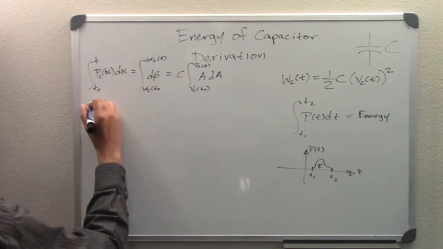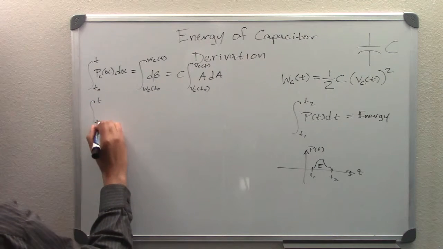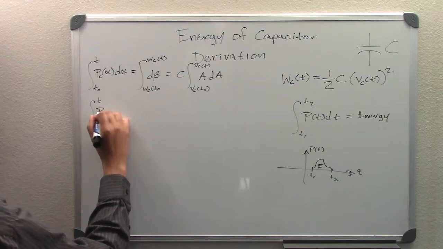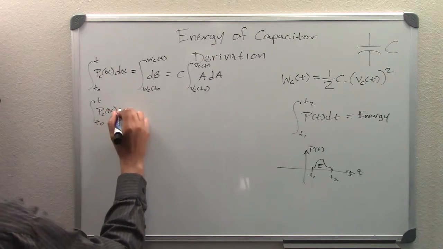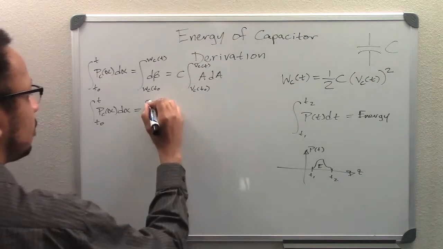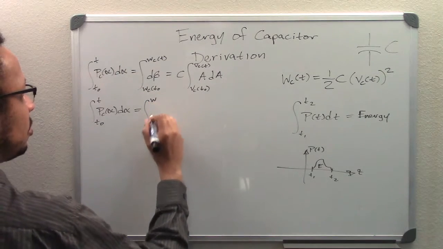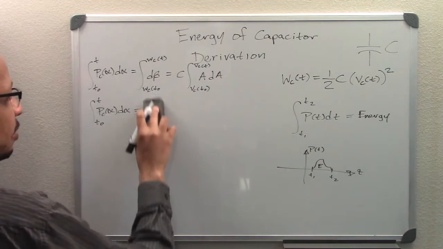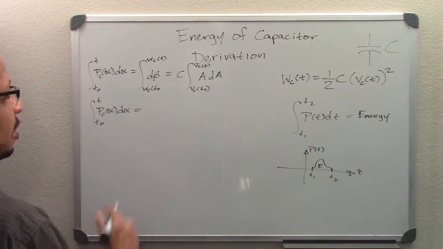So next, I'll restate this here: between t sub 0 and t, Pc of alpha d alpha equals Wc of t. Well, actually I might as well just go ahead and start integration. That's the very next step.